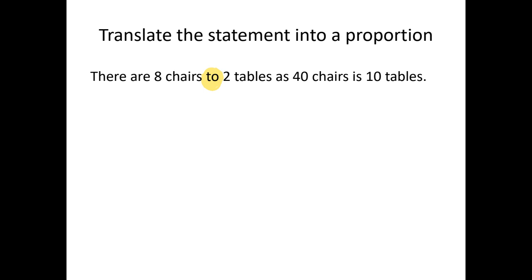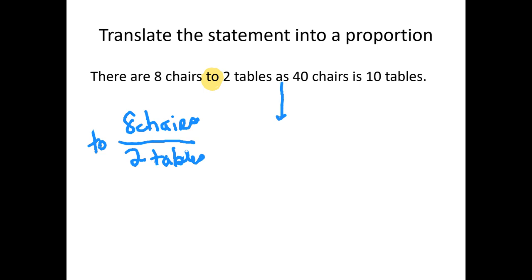There's my TO, 8 chairs is my numerator. 2 tables is my denominator. Now you see this word as in a proportion as represents equal signs.